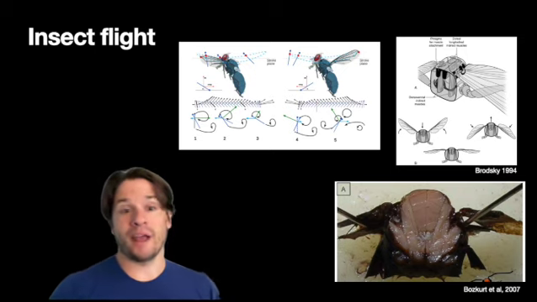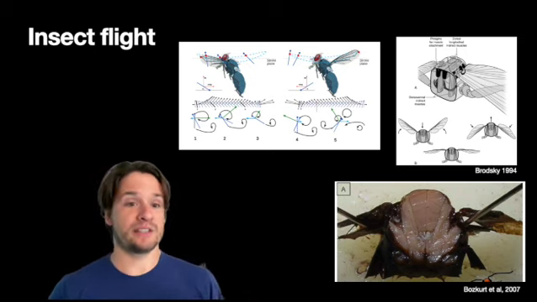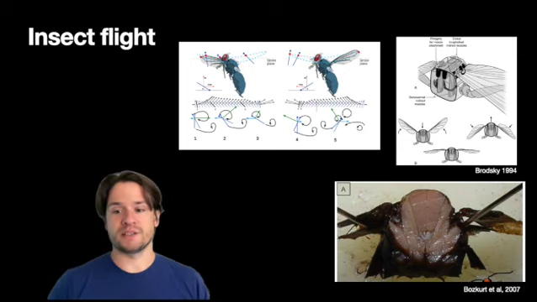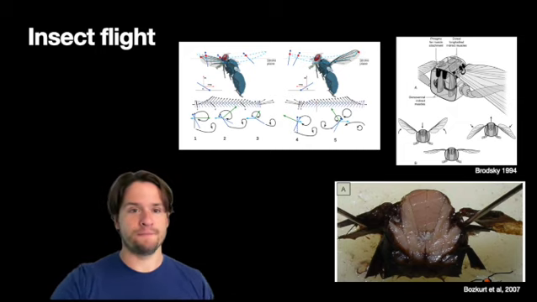So the takeaway is a finely tuned evolutionary machine that is the insect flight apparatus, and some really fascinating physiology and biomechanics associated with how insects manage to move through the environment.